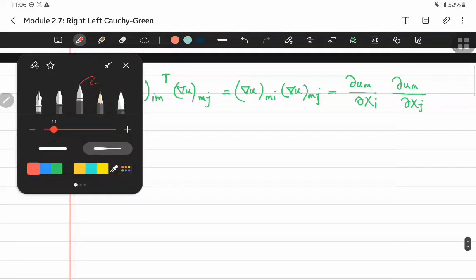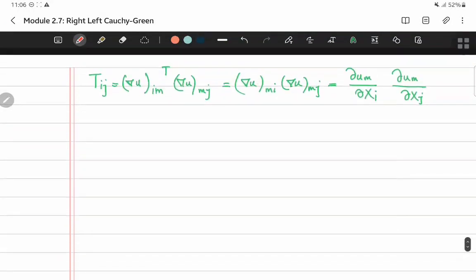So next, we get to the left Cauchy-Green tensor.